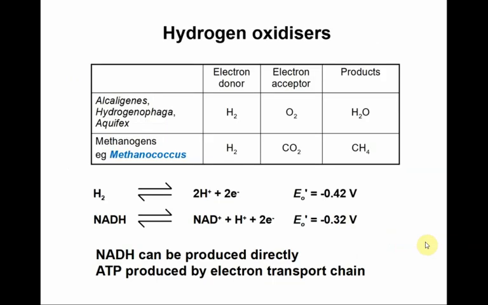Okay, so let's have a look at hydrogen oxidizers. 2 different types, anaerobic and aerobic hydrogen oxidizers. Now, in the presence of oxygen, you have these types of bacteria. Aquifex, okay, makes water. Hydrogenophaga eats hydrogen. And Alkaligenes.